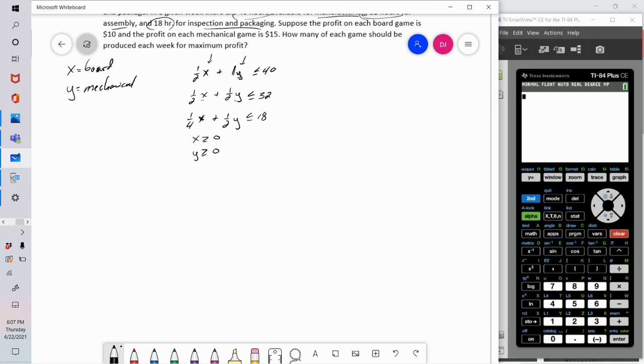Okay. Now, one thing I am going to do here before I move on is I'm going to rewrite these, because I personally, at this point, would rather not work with the fractions. So before I go any farther, I'm going to multiply the top equation by 2, the second equation by 2, and the bottom equation by 4.